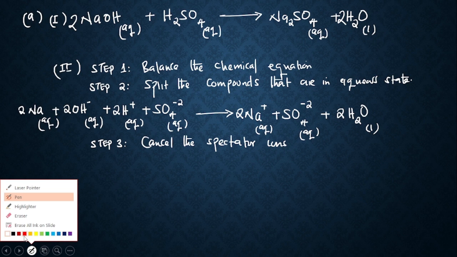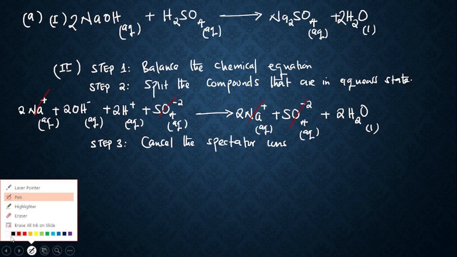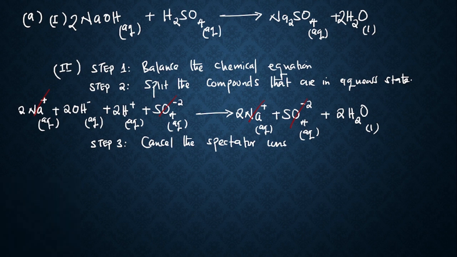We have sodium ion on both sides, and the sodium ion you cancel. Then the sulfate ion also cancels. So we remain with the hydroxide ion and hydrogen ion, which is going to give us water.